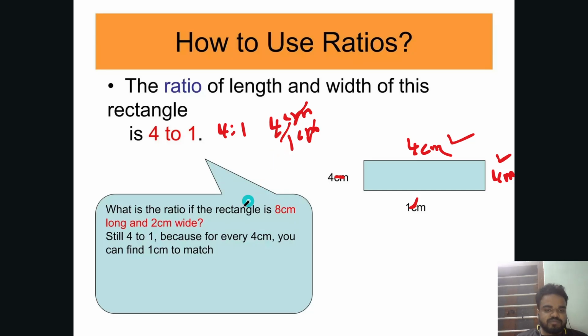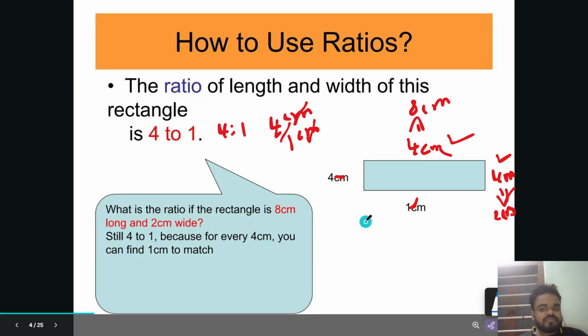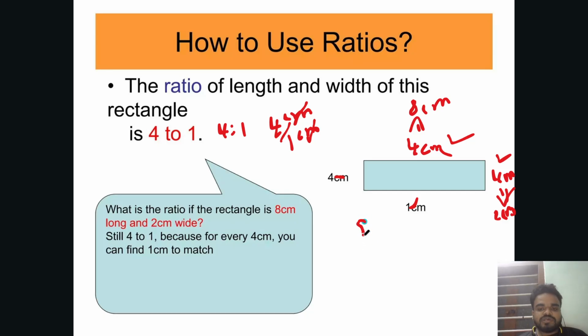Let's take another example. Let's assume this 4 centimeter will become 8 centimeter and this width will become 2 centimeter. Will the ratio still be the same? Yes, of course, it will be the same. Why? Because even though the number is getting bigger, the ratio remains the same.